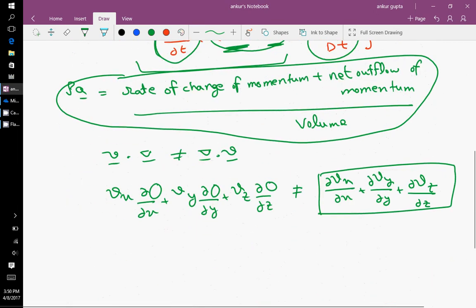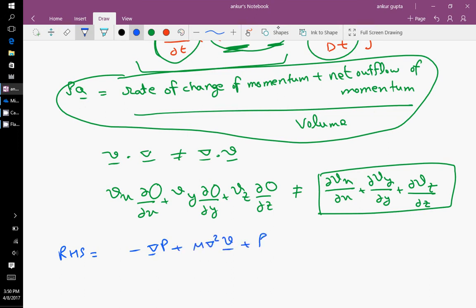Okay. So now let's go to the right hand side. The right hand side has three terms: minus del P plus mu del square V vector plus rho G vector. The rho G vector is basically nothing but gravitational force per unit volume.